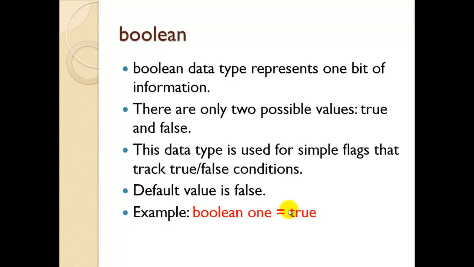Now the boolean data type represents one bit of information. There are only two possible values, true and false. This data type is used for simple flags that track true and false conditions, and the default value is false.